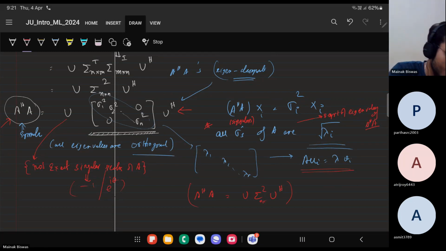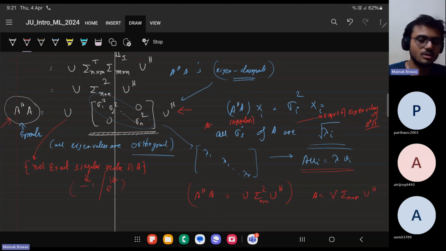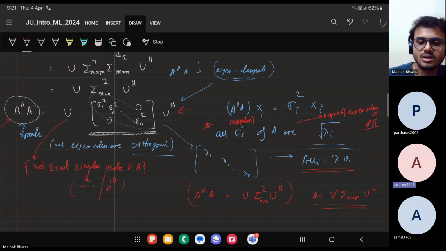And A is equal to U sigma V Hermitian. This is the beginning we prove. This is the singular value decomposition.